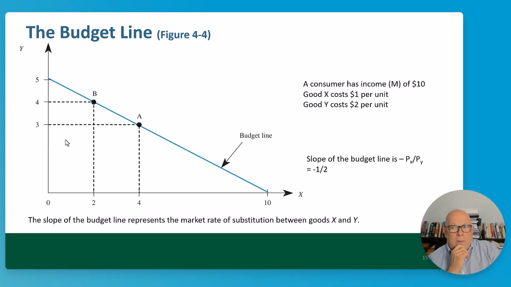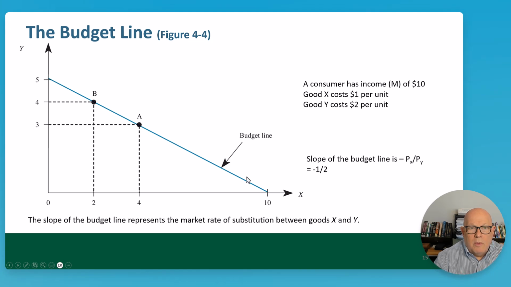So this is an example. Let's say we're going to keep it very simple. We have a budget of $10. That's how much we have to spend. And good X costs $1 per unit, and good Y costs $2 per unit. So if we look at X, if we take the entire $10 and buy X, we can buy 10 units. On the other hand, if we take the entire $10 and buy Y, we can buy 5 units.